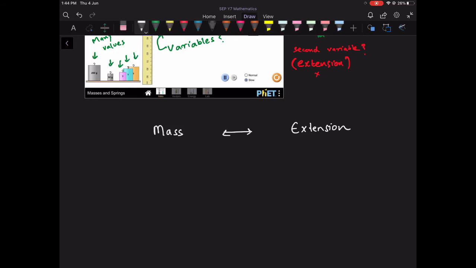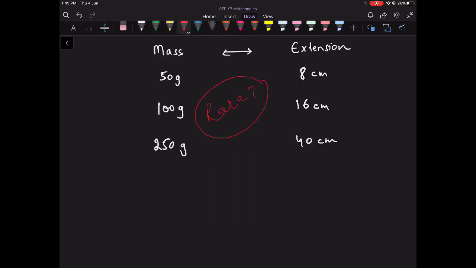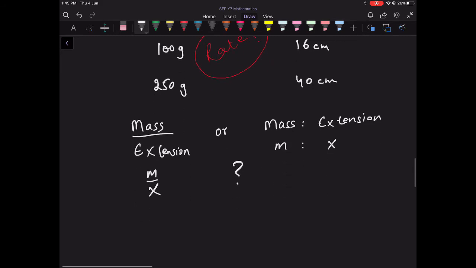Let us find the rate at which extension varied with mass. Do you see a rate here? Let us find out. Mass by extension, or mass ratio extension, m ratio x, or m by x.